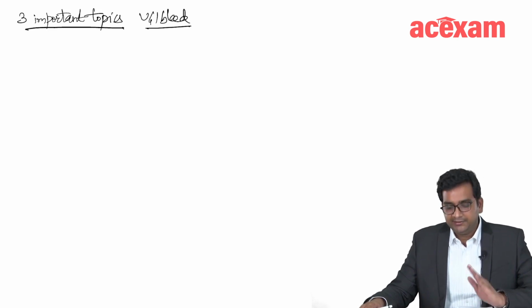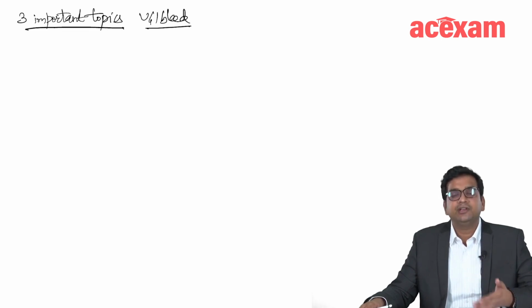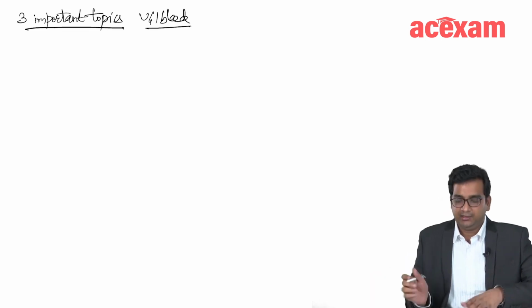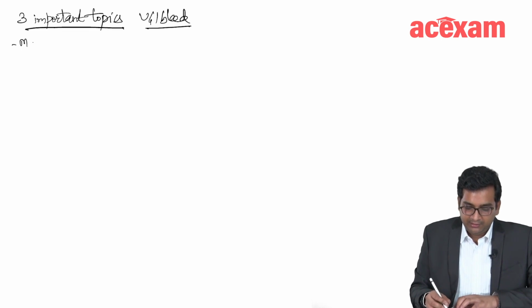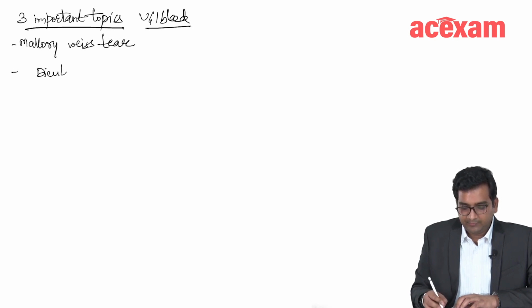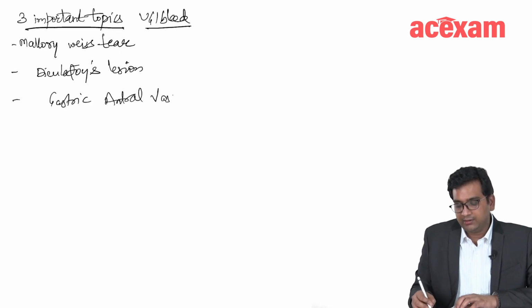Then the other diseases which also lead to upper GI bleed are Mallory Weiss tear, then the Dieulafoy's lesion, and gastric antral vascular ectasia or GAVE.